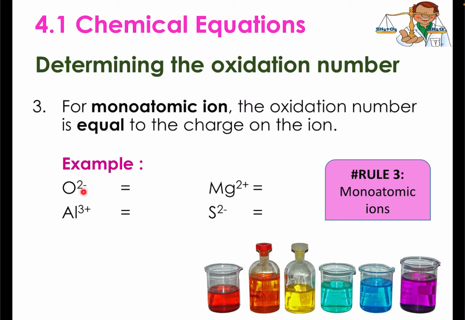But when you want to put the value for the oxidation number, sign negatif ni kena letak di hadapan nilai awak. So it will be negative 2. Same case for Al3+. Sign positif akan berada di hadapan. So it's going to be positive 3. Same as Mg2+, it is going to be positive 2. And S2- is going to be negative 2. So itu cara untuk awak tulis oxidation number for monoatomic ion. Rule number 3.